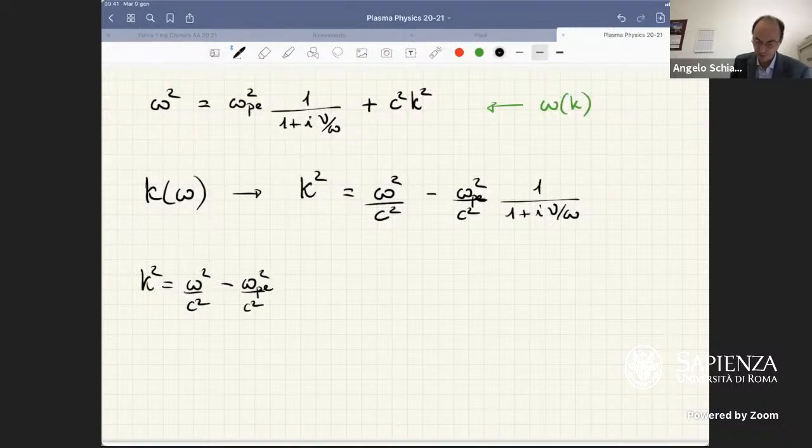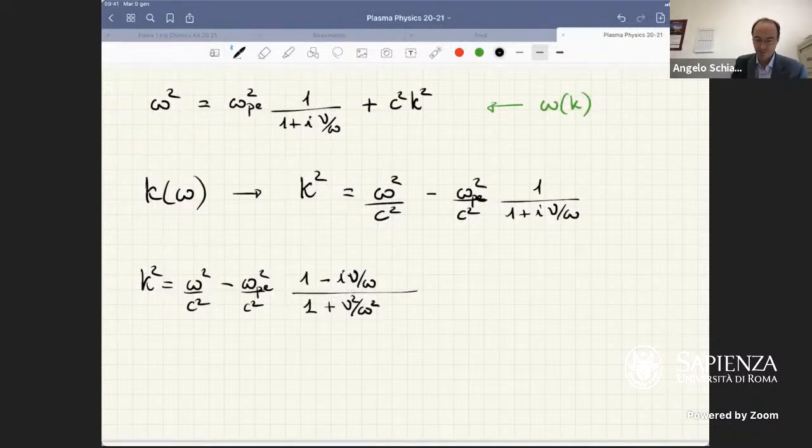I said that we multiply top and down by the complex conjugate. So we have 1 minus i times mu over omega at the denominator, the modulus of that one. So it's going to be 1 plus mu squared divided by omega squared.